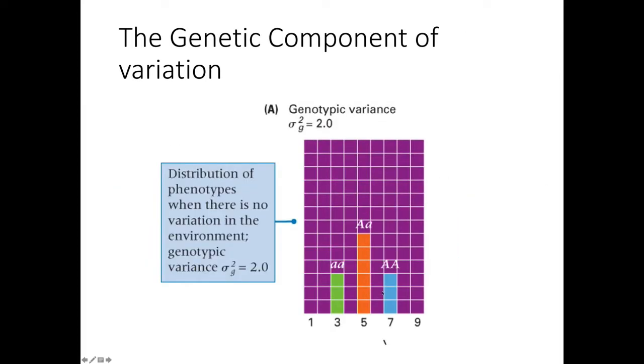And everybody that's big A big A has 7 units in the phenotype. All of the differences between the phenotypes are 100% attributable to genetic variation. And so in this particular case, with the way the distribution is set up, we might have a genotypic variance which is 2, let's say.